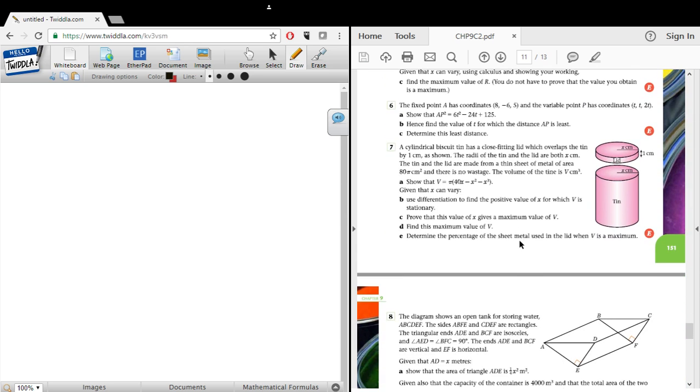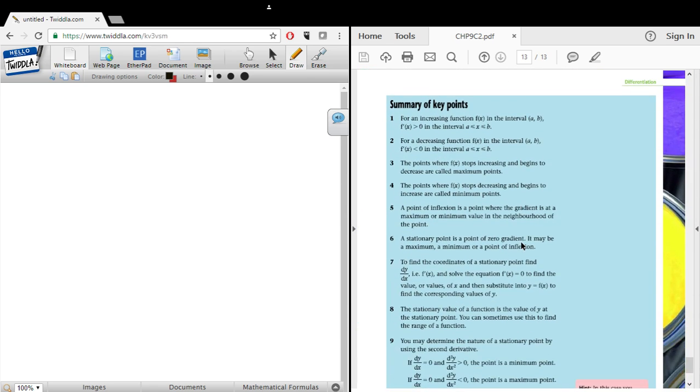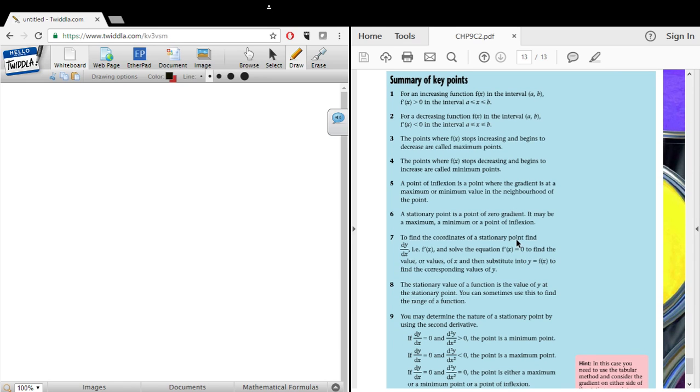We have the mixed exercises, and once again a summary of key points. The summary of key points you should memorize because it will outline all the important properties you need to appreciate. The ones that we've discussed here about the maximum and minimum are important.